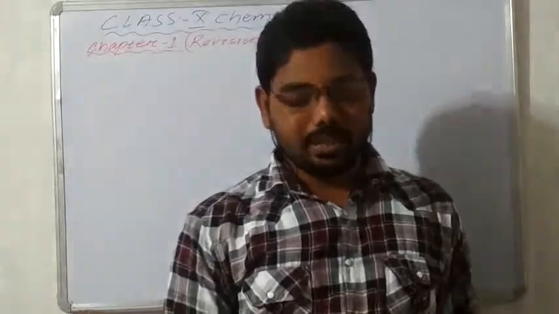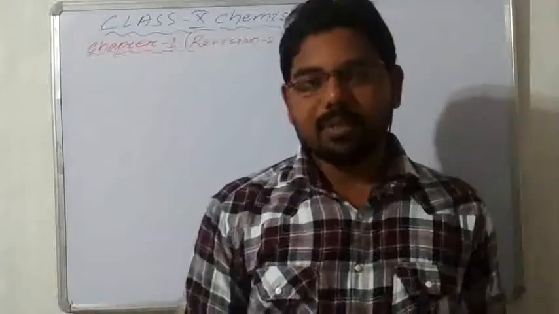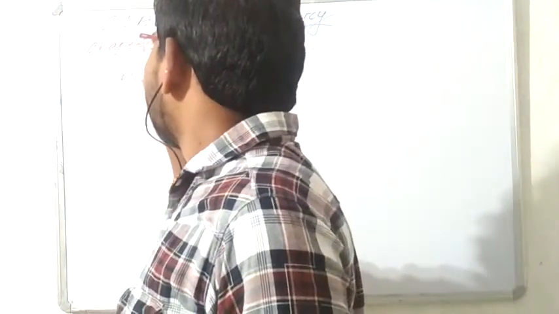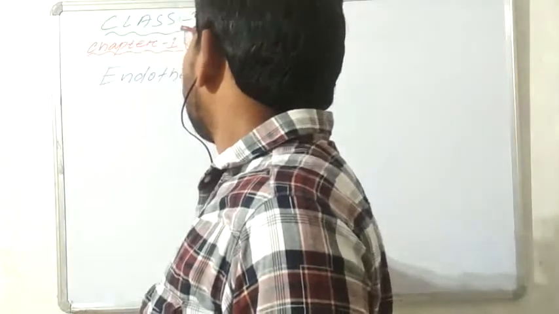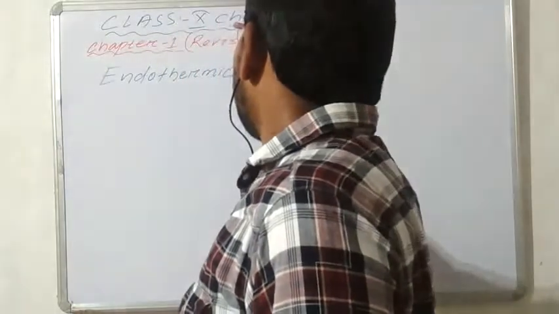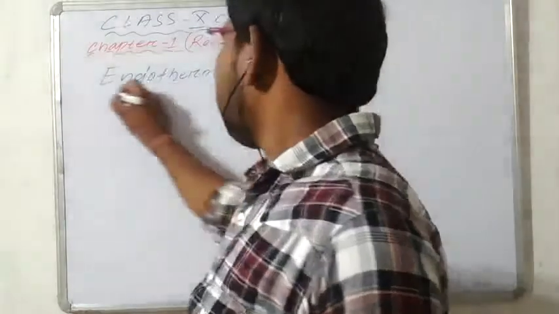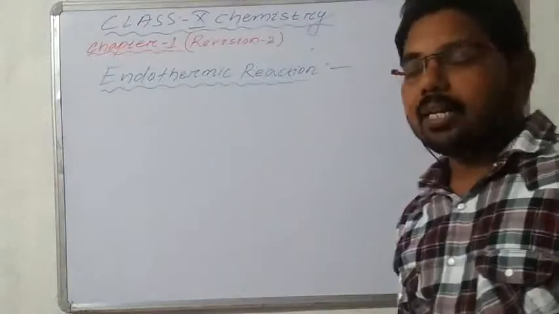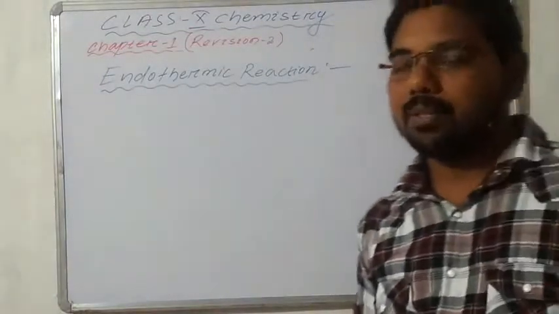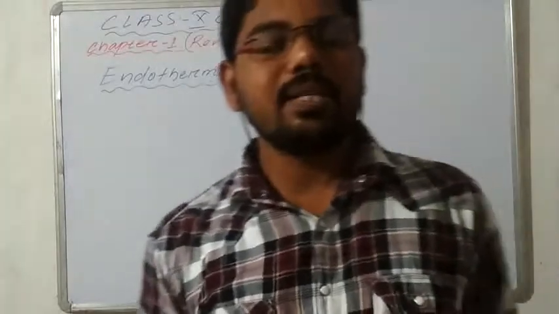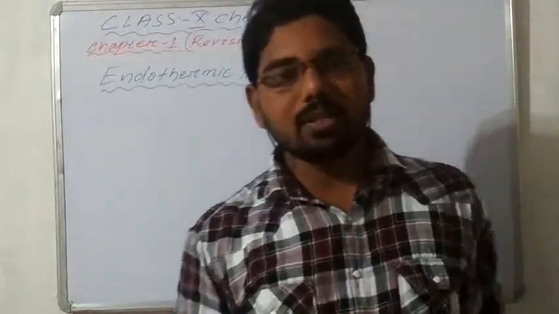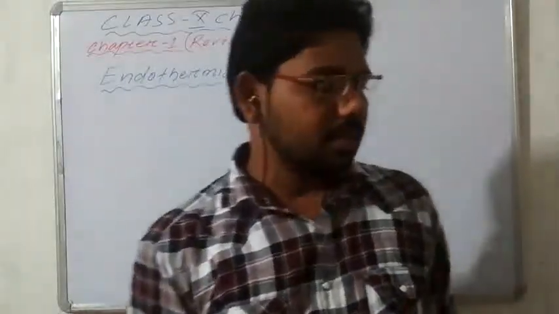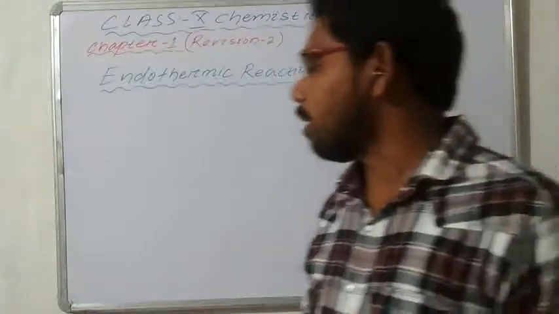The absorption of heat energy is known as an endothermic reaction. Reactions which proceed in the presence of heat energy are known as endothermic reactions. There are many examples of endothermic reactions.